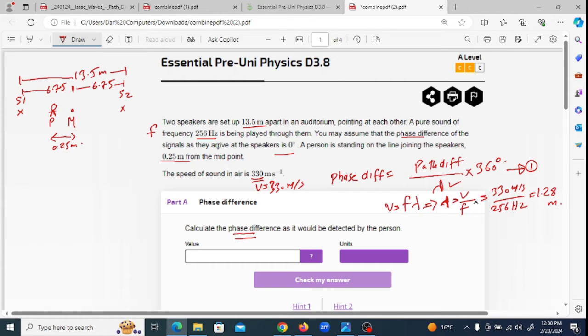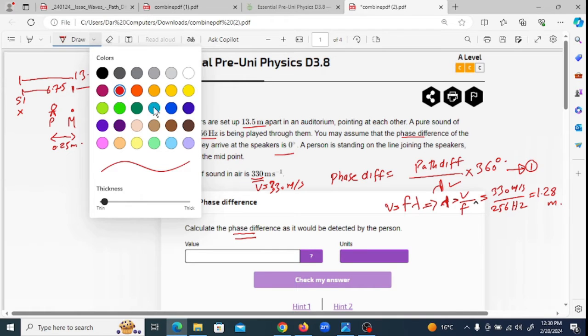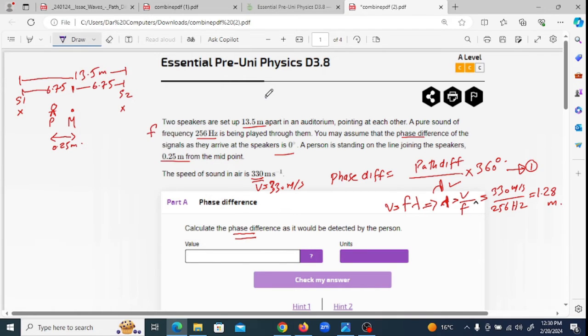In order to find the path difference, we go to the diagram again. If the person is standing at this point, this speaker sends waves and the person is receiving the waves. So person P is at a distance of exactly 6.5, because the total distance is 6.75 and this distance is 0.25, so we subtract 6.75 minus 0.25.